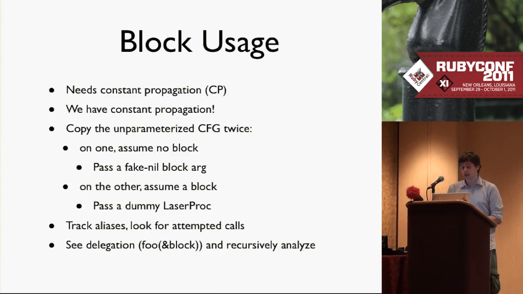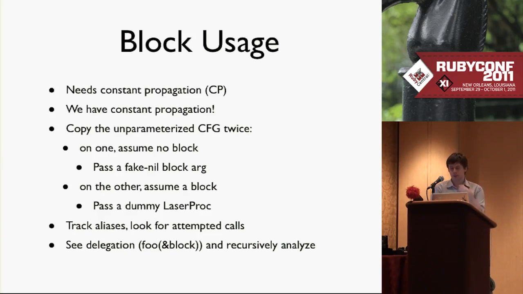So we need constant propagation, and we have constant propagation. We have the ability to prune those branches, as I showed you earlier during the unused variable case. So there's a little bit of support in the control flow graph builder to make this easier to analyze. But for the most part, we just copy the unparameterized CFG twice.